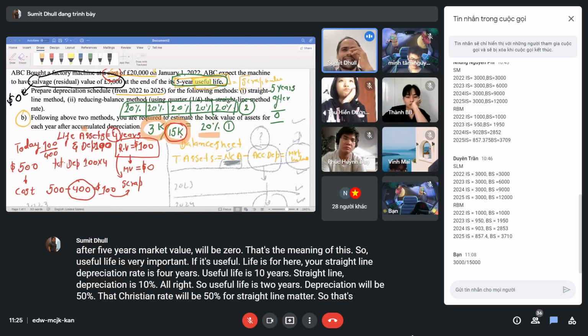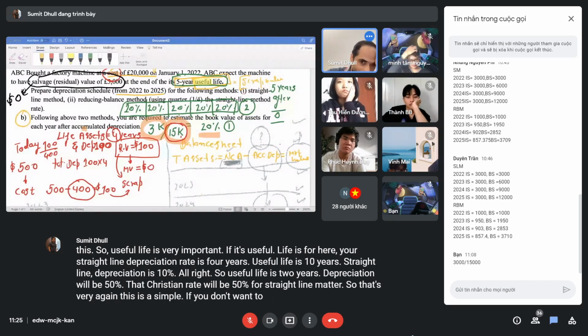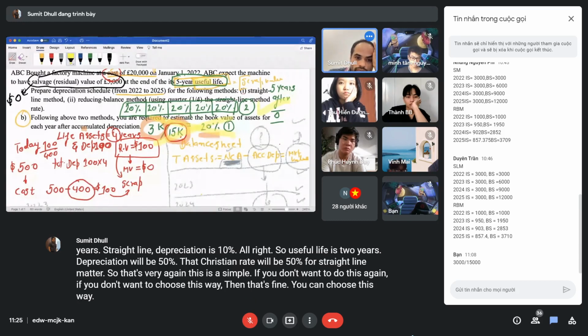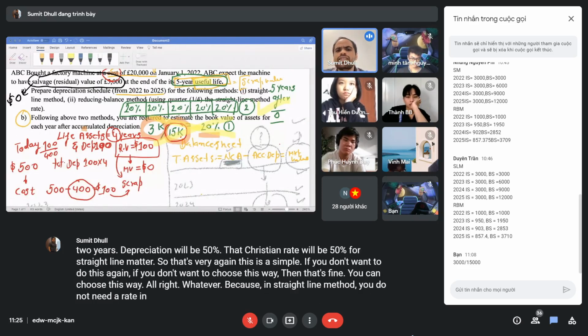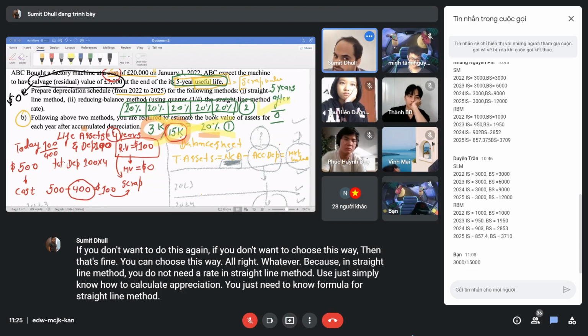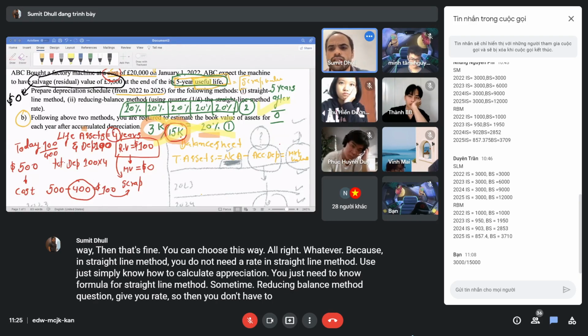Again, this is simple. If you don't want to choose this way, that's fine. You can choose this way, whatever. Because in the straight line method, you do not need a rate. You just need to know the formula for the straight line method. Sometimes a reducing balance method question gives you the rate, so then you don't have to worry about it.